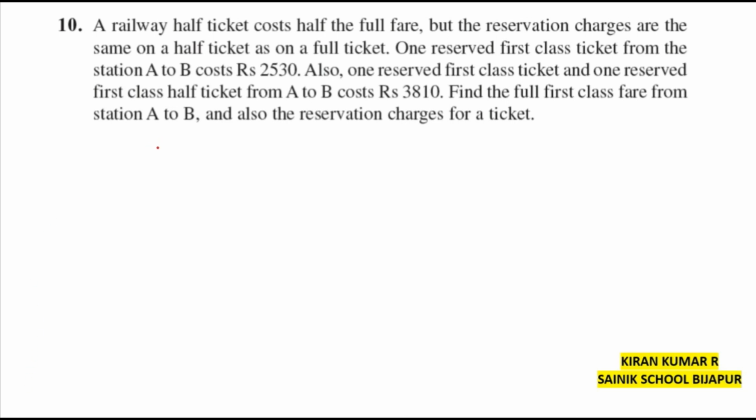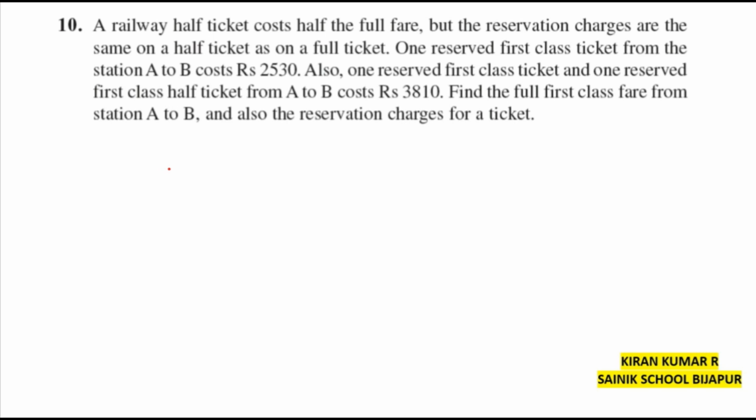Question 10: A railway half ticket costs half the full fare, but the reservation charges are the same on a half ticket as on the full ticket. One reserved first class ticket from station A to B costs Rs 2530.